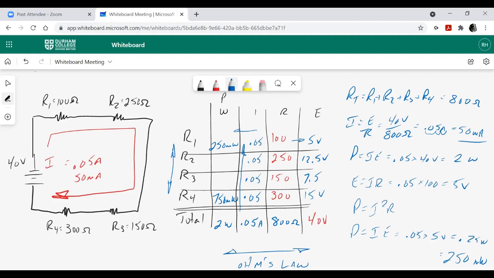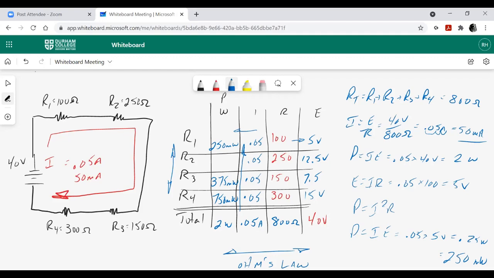I knew that R3 is half of R4, so that's 353.75 milliwatts. And I don't think there's an easy way to do R2.